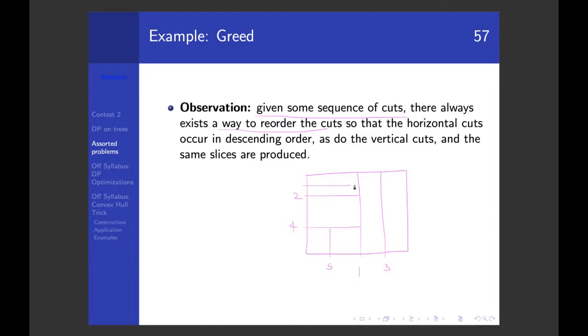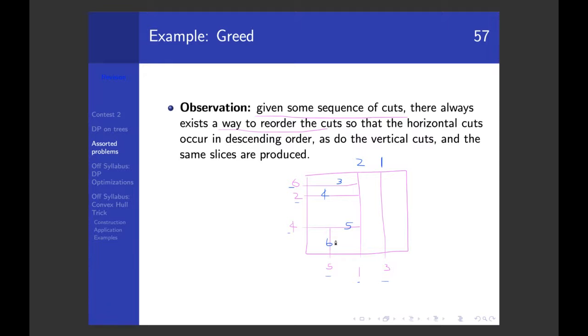Cut 5 and cut 6. Now in this case, these cuts did not occur in descending order. We did this cut, then this cut, then this cut, and same here, this one, this one, this one. However, by reorder, I mean we can instead say, okay, this was cut 1, this was cut 2, this was cut 3, this was cut 4, this was cut 5, and this was cut 6.